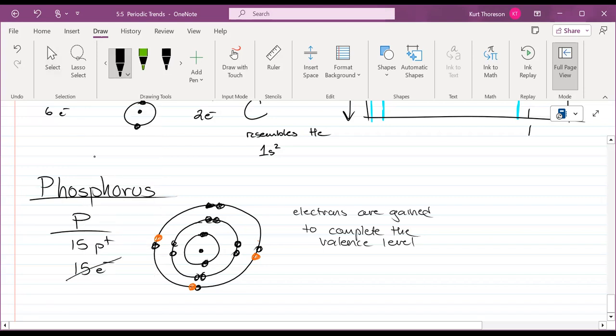I'm going to cross out 15 and write 18. So Ava, what does phosphorus now have more of, protons or electrons? By how many? So what would the charge of a phosphorus ion be? We write 3 negative.